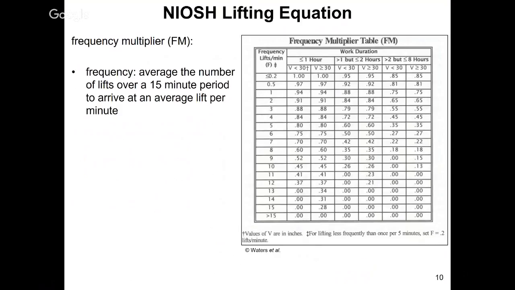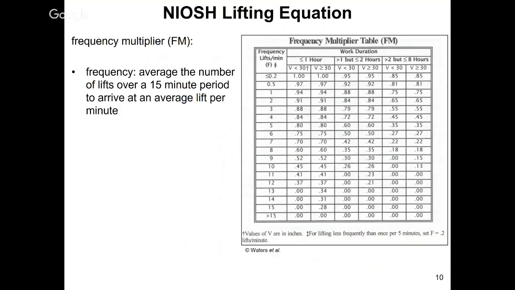For the frequency multiplier, you simply use this table. You've got to look at the duration of the job. Is this something that they do 4 to 8 hours a day, or is it just 30 minutes a day? And then also look at the frequency of the lifts. How many times per minute are they doing the lift while they're doing this task?